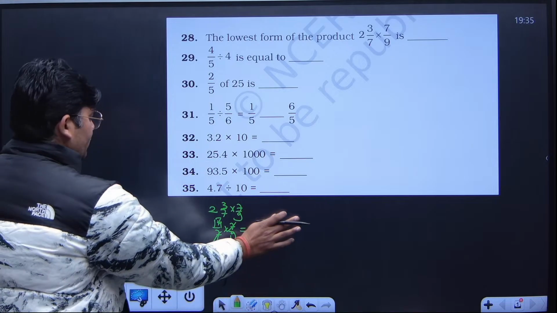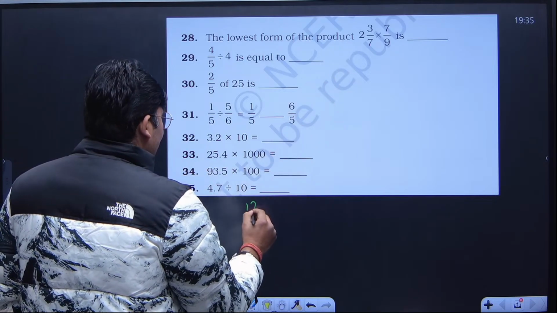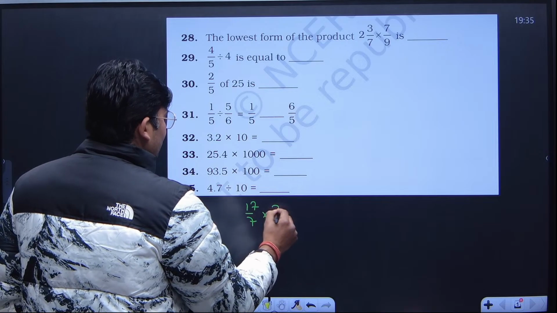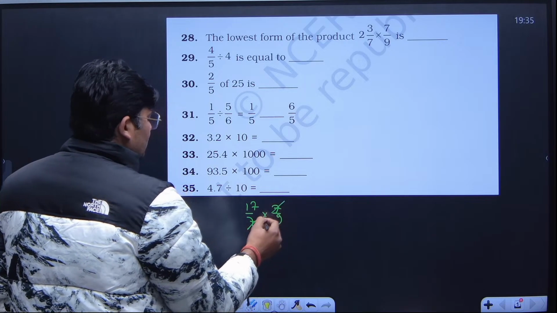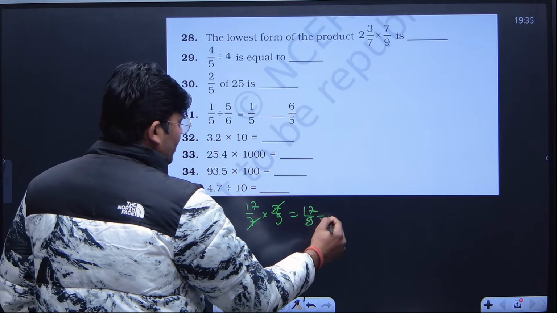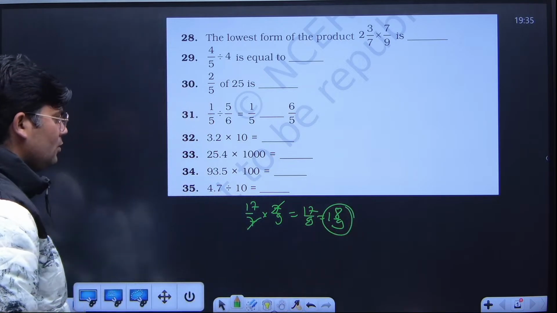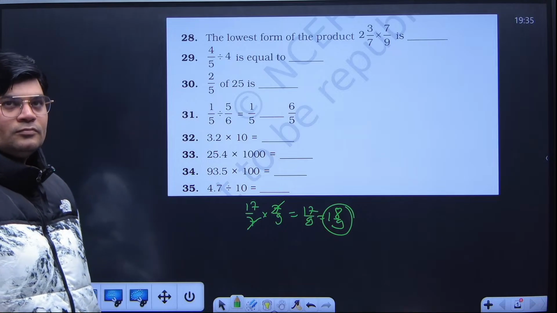I'm getting a different answer. 7 twos are 14 plus 3 is 17, by 7 into 7 by 9. So how will it go? It is going to be 17 by 9. You can say 1 8 by 9. Okay.